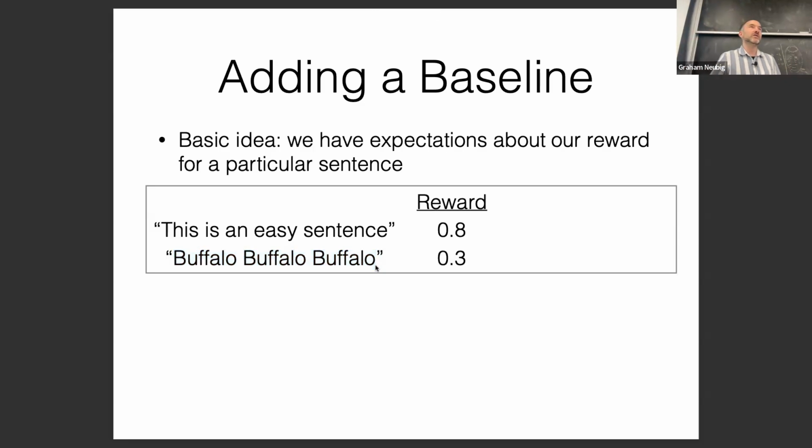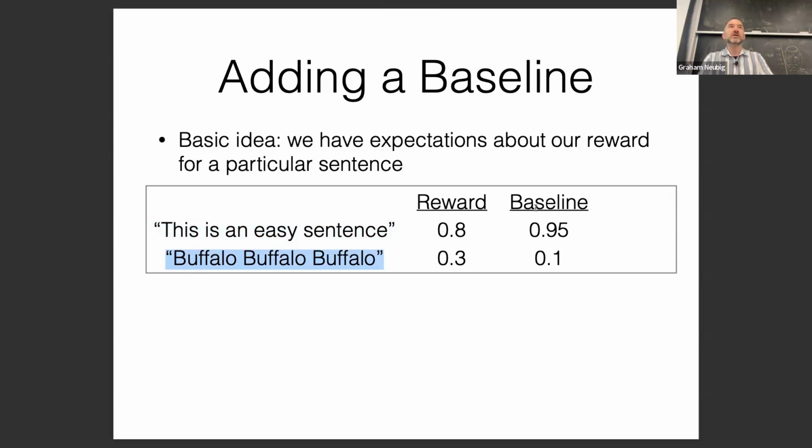But anyway, let's say we got a reward of 0.8 for translating the first sentence and a reward of 0.3 for translating the second sentence. The problem with this is, based on our expectation, we would almost always get the first sentence right, and the second sentence is really hard to get right, so we expect to get it wrong.